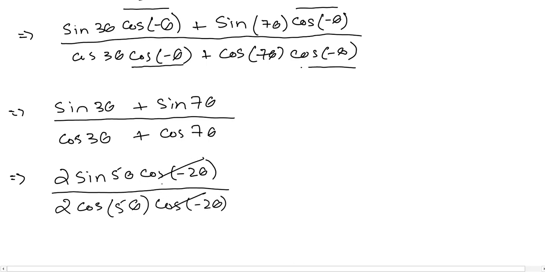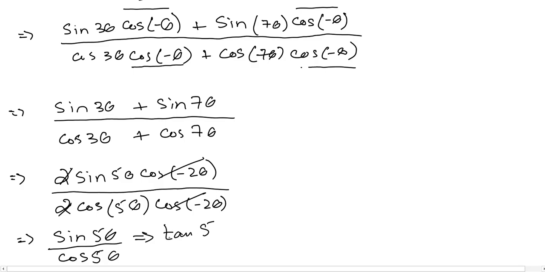Cancelling out these 2s, we are left with sine 5 theta divided by cosine 5 theta, and we know that sine over cosine is equal to tan, so sine 5 theta over cosine 5 theta is tan 5 theta, which was the actual proof.